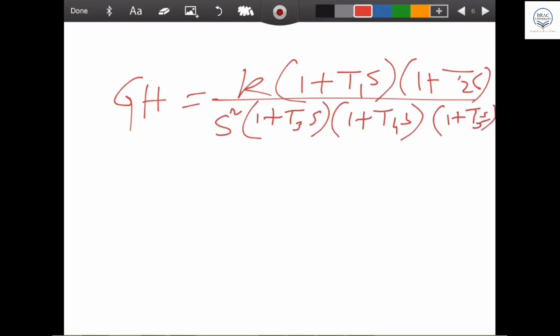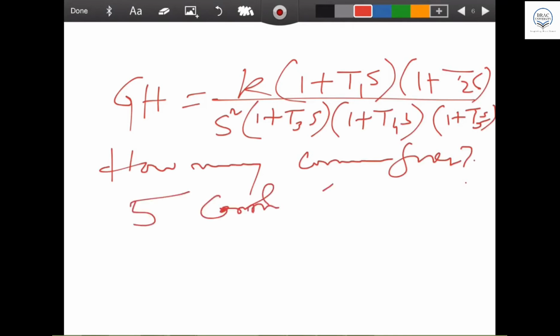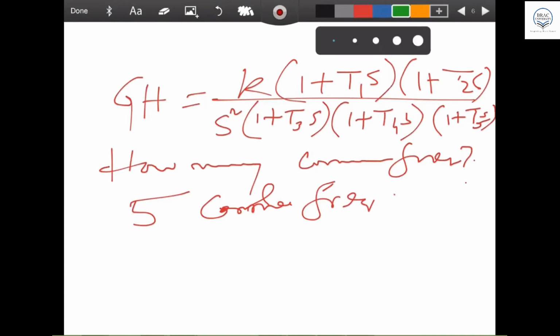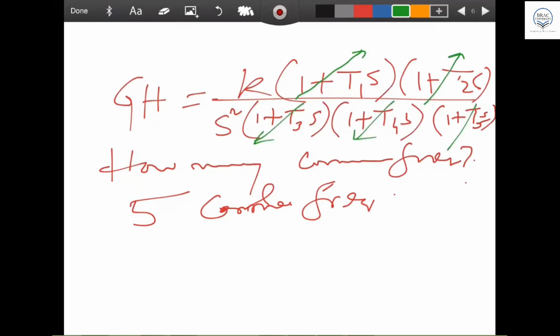How many corner frequencies are here? Altogether there are 5 corner frequencies, one from each of these 5 terms, from the 2 zeros and the poles.